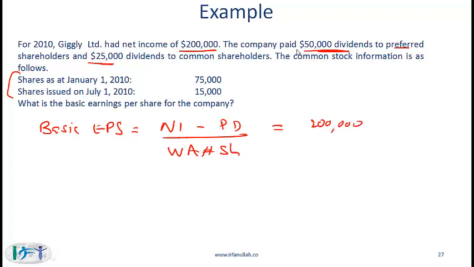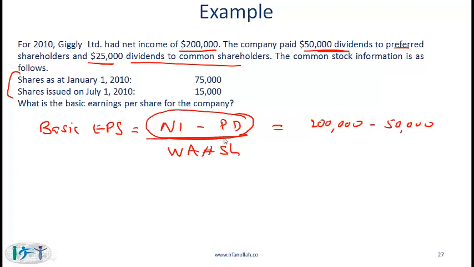The preferred dividend is 50,000. So we subtract 50,000. Notice that we are not supposed to subtract the dividend for common shareholders. The reason is, in the numerator, we are simply using the total amount of money that is available to common shareholders.